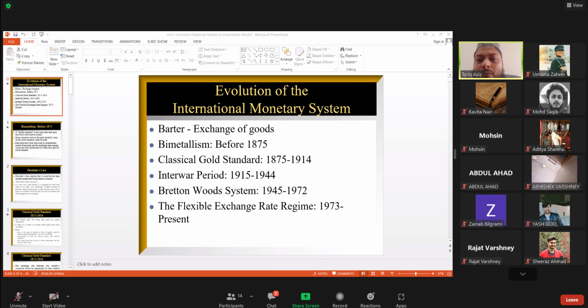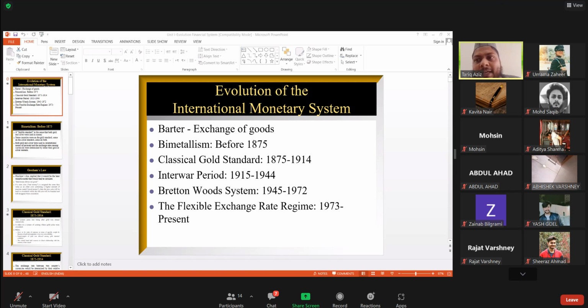The coins of gold and the coins of silver were used as money. When I'm saying that they were used as money, I mean that they were used as a medium of exchange, they were used as a store of value.